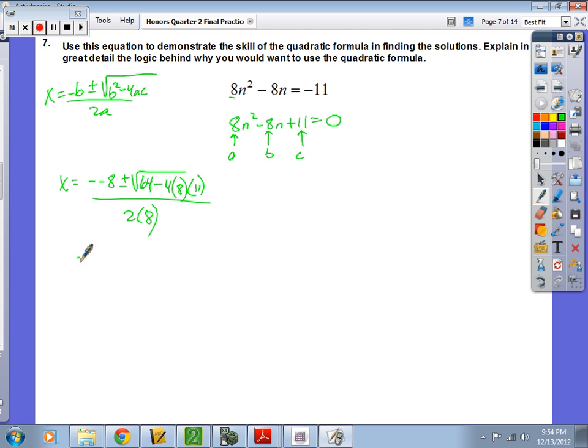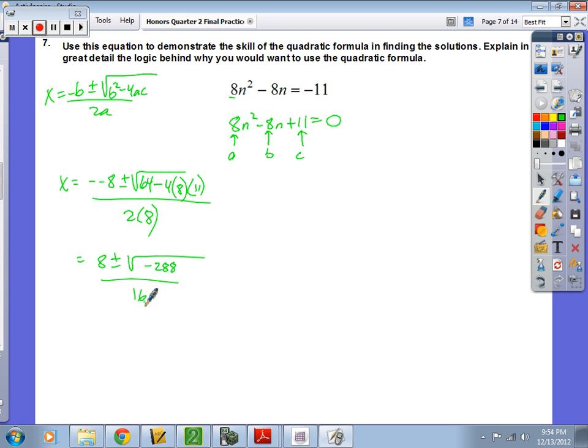That's going to be plus 8 plus or minus the square root. Okay, 64 minus 4 times 8 times 11 is going to be minus 288. Okay, on bottom, it's going to be 16.